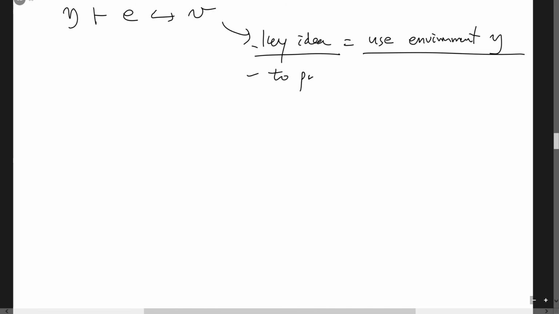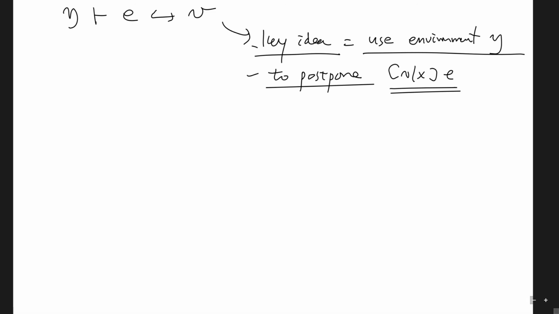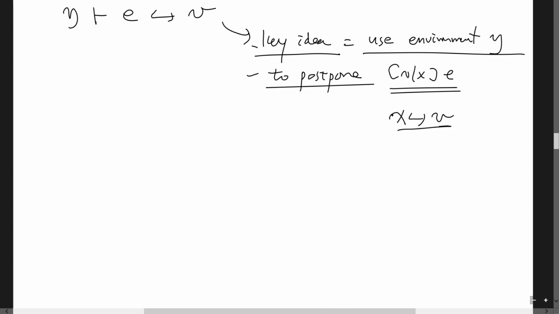To postpone the operation of a substitution. So every time we encounter this substitution, we just extend the current environment with this new mapping. In this way, we just carry this environment and we look up the environment only when necessary, when we encounter some free variable. So that's the idea.